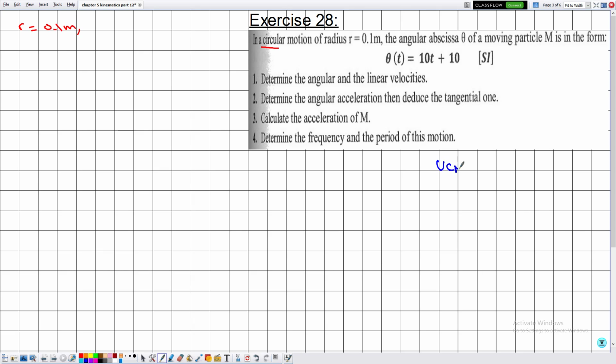As for UCM, theta is equal to omega t plus theta 0, omega is a constant, alpha is equal to 0. As for UVCM, theta is equal to half alpha t square plus omega 0 t plus theta 0, omega is equal to alpha t plus omega 0, and alpha is a constant.